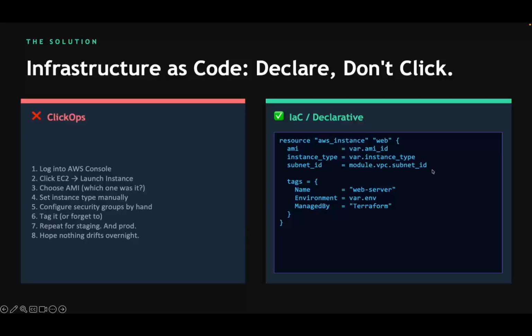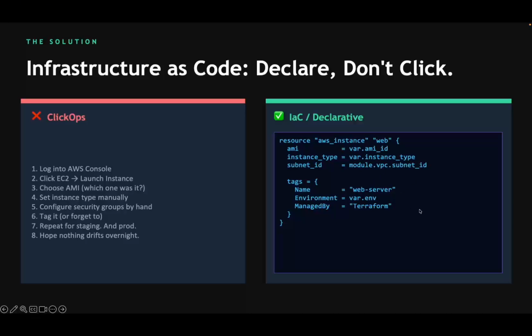Look at this code block, for example. It reads almost like English. There should be an EC2 instance. Its AMI comes from a variable. Its instance type comes from a variable. It belongs in the subnet. It has 3 tags, and so on.